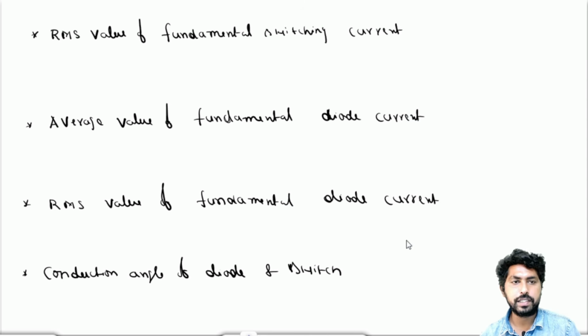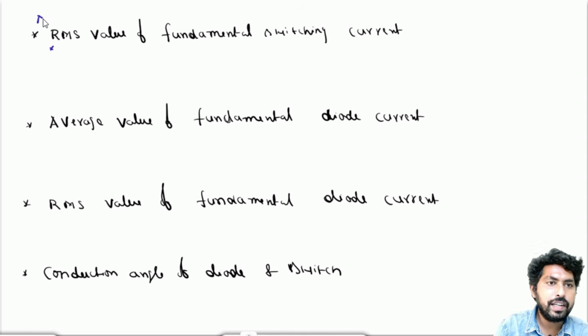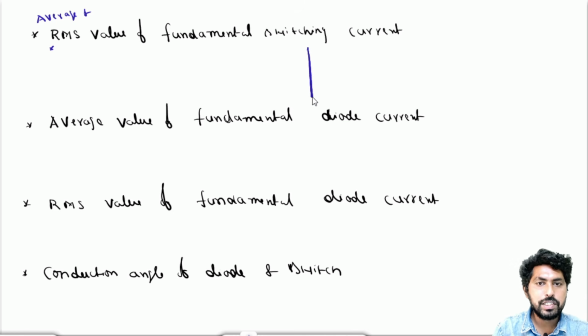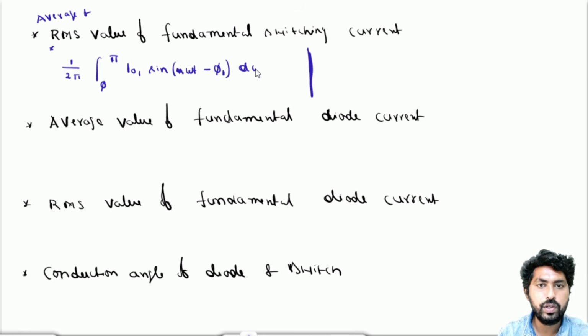RMS value of the fundamental switching current. So the average value and RMS value you will see here. The average value of the fundamental switching current will be 1 by 2 pi, integral from phi 1 to pi, of I naught 1 into sine (n omega t minus phi 1) into d omega t.